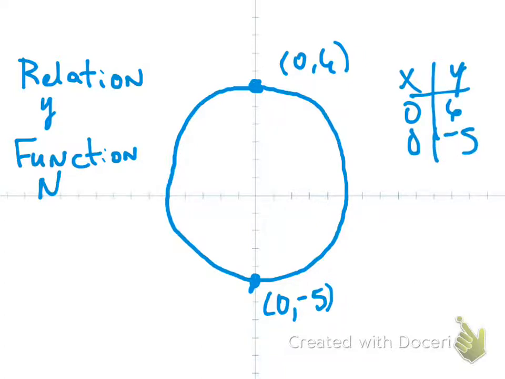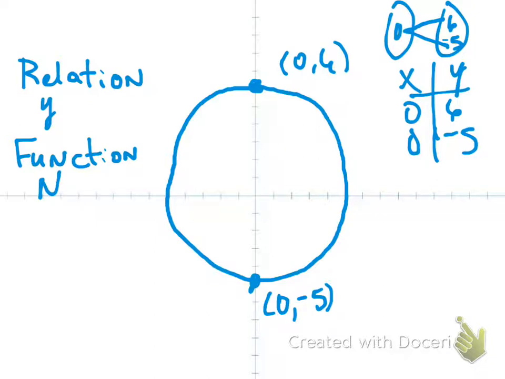I have that one x, 0, representing having two answers, two y values, and it's only supposed to have one. You can see this even from a mapping: 0, 6, -5. Instead of going to 1, it's going to 2 things. So that's why this is not a function.